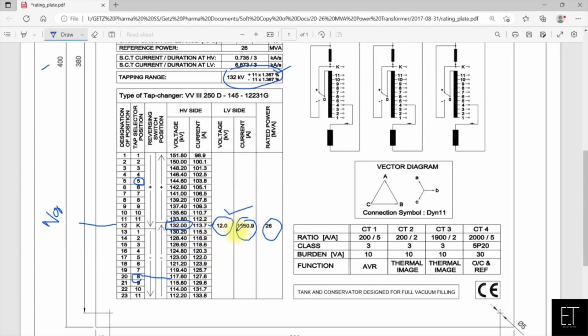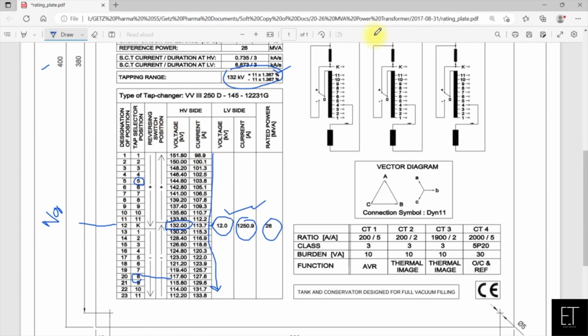The low voltage side current also remains fixed, and the HV side current, you can see, starting from 98.9 to 133.8, keeps on changing. That's why in our differential calculations we have kept the low voltage side as a fixed reference, and we have found the variations at the HV side.